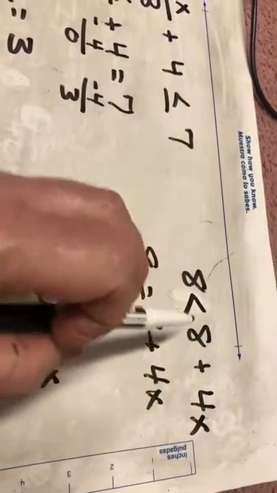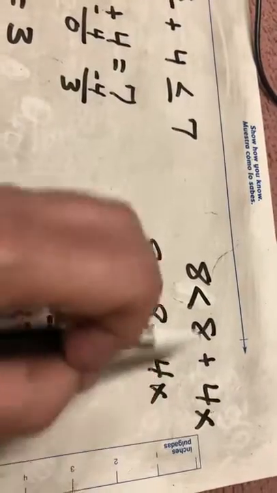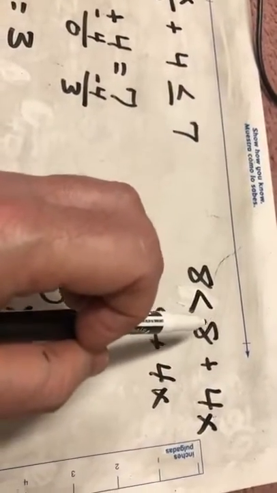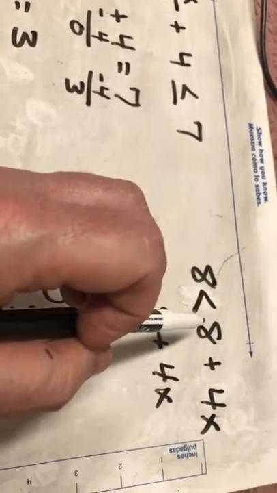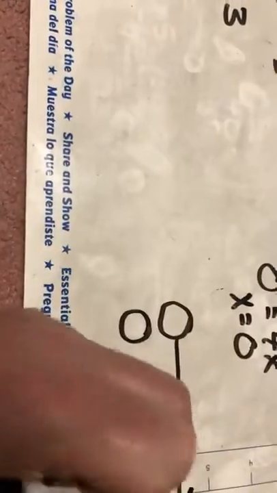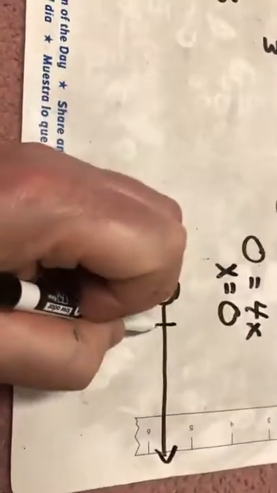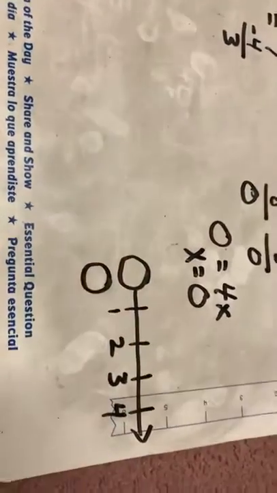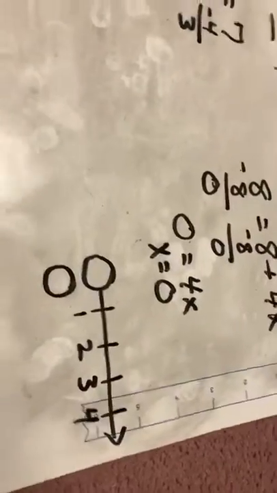Remember, it's not which way it points, it's which side of the inequality it's on. 8 plus 4x is on the bigger side of the inequality, which means that my line is going to be going right. x will not equal 0, but it can be anything bigger than 0, such as 1, 2, 3, 4, and so forth.